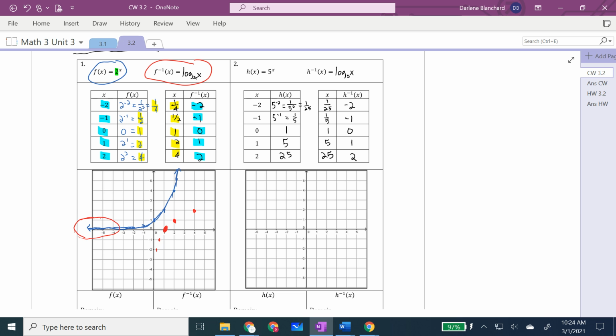Now you're going to switch that. So let me again say when you have very negative x, I'm looking at this, it shows very negative x's are giving positive very small y values.